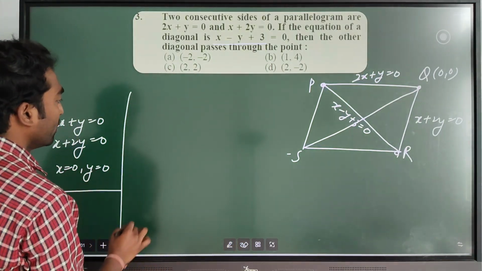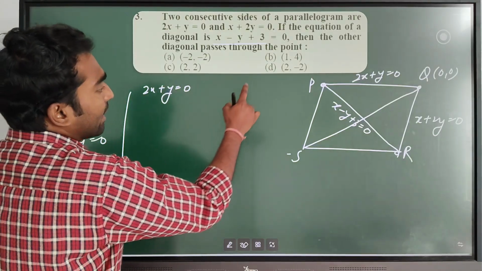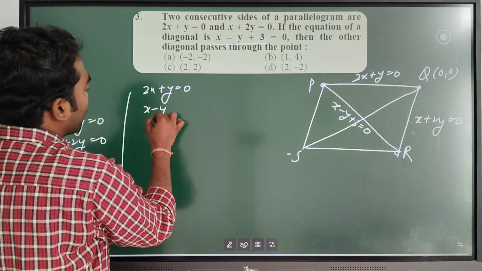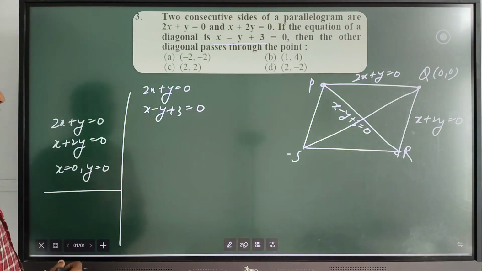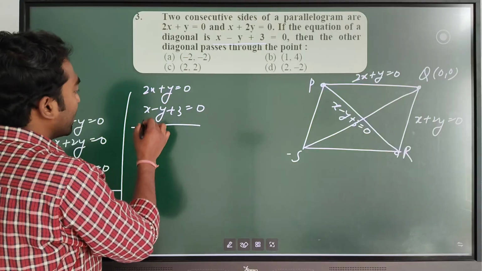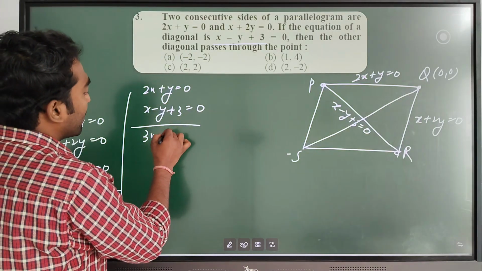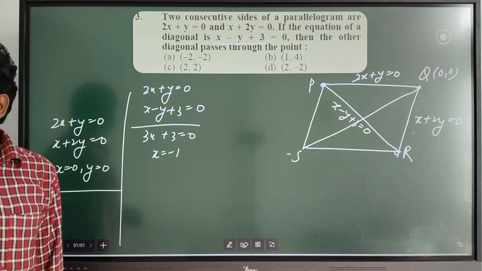So 2x plus y is equals to 0 and the second one is x minus y plus 3 is equals to 0. Now for solving this, adding both the equations, you will get 3x plus 3 is equals to 0, which means x is equals to minus 1.